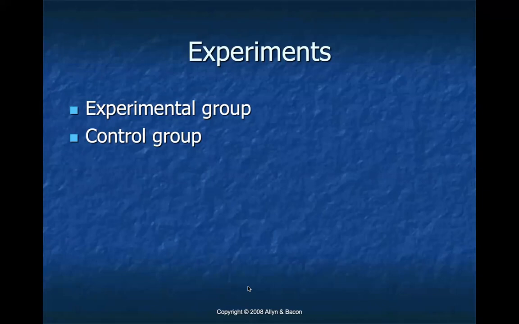I would measure the amount of sweat on every person's arm, both in the experimental and the control group. And then my independent variable, I would change with the experimental group. Let's say I put the temperature in the room up to 80, but in the control group, I keep it at 70. And now we wait.